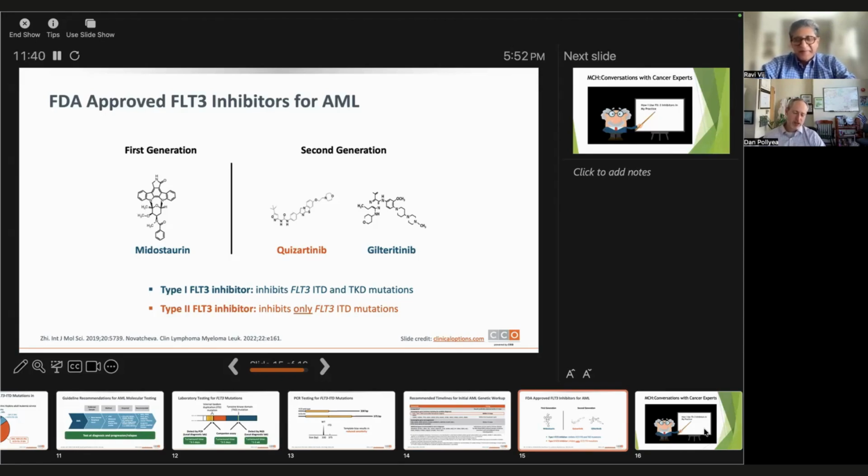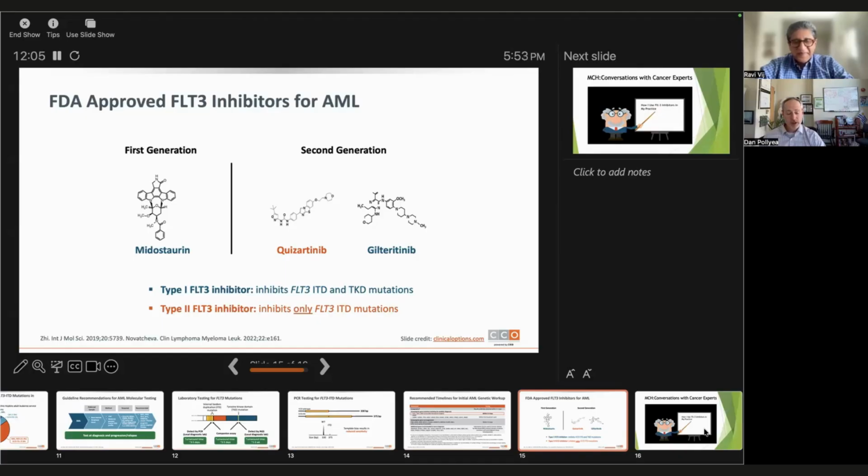Right. Those are all the right questions to be asking and the right caveats. So the first thing is, in a newly diagnosed patient who is eligible for intensive chemotherapy, in the presence of a FLT3-ITD mutation, you have two options. The older option is midostaurin, based on the RATIFY study that showed superiority in patients who received midostaurin.